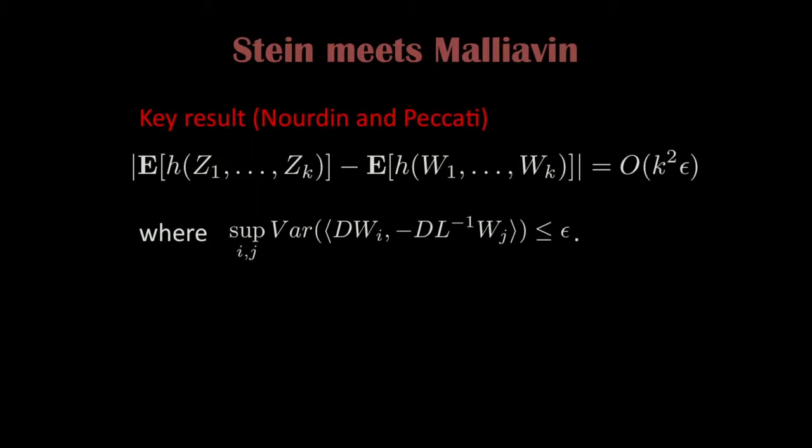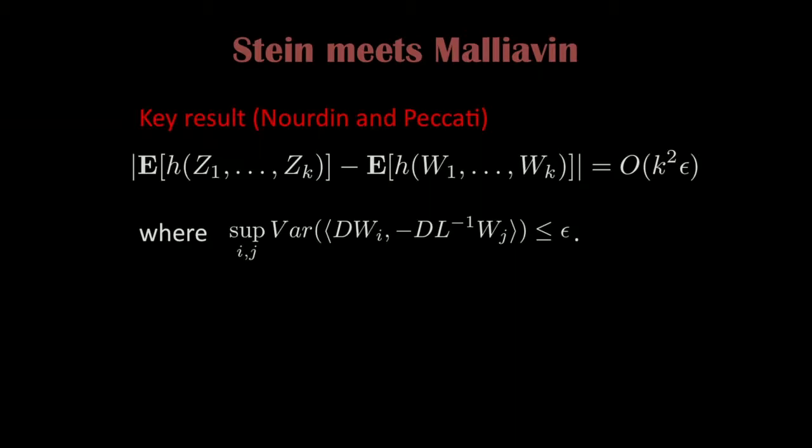Then Nourdin and Peccati showed that W1 to Wk and Z1 to Zk are close to each other with respect to the class of test functions H, with distance bounded by k squared epsilon, as long as you can show that the variance of this quantity DWi minus DL inverse Wj is bounded by epsilon for any choice of i and j.